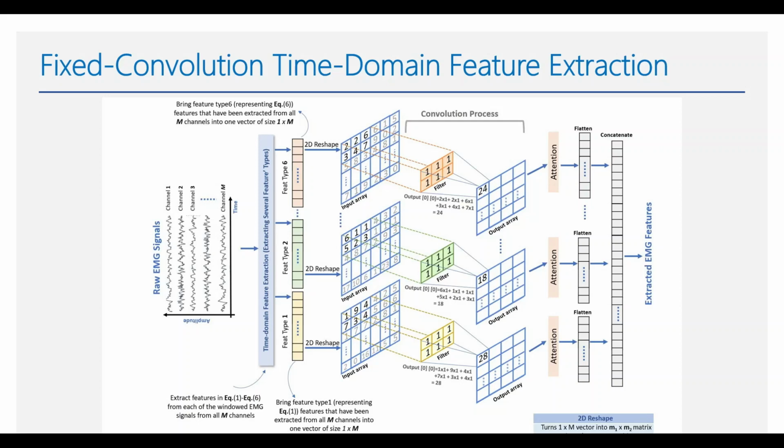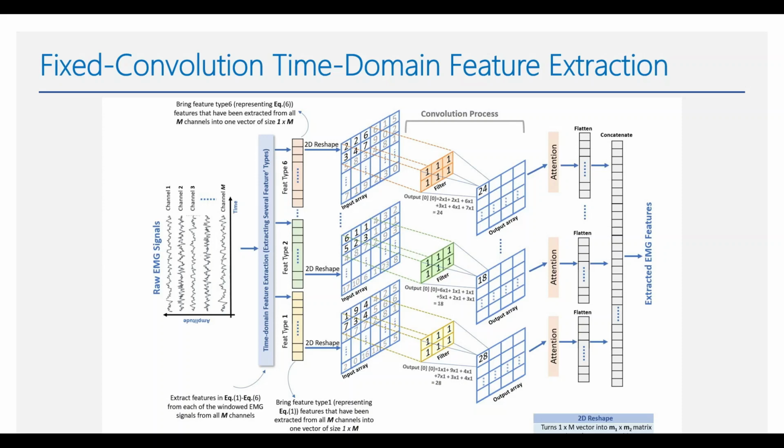Going back just to remind you about our own method, the fixed convolution time domain feature extraction. I spoke about this earlier. Unlike the existing methods based on CNN, we assume that we have a problem with different signals, and at the time we tested it on raw EMG signals from someone performing different arm movements.